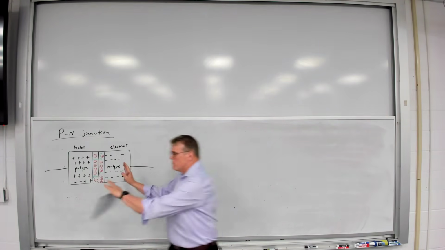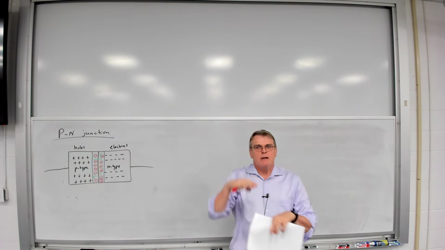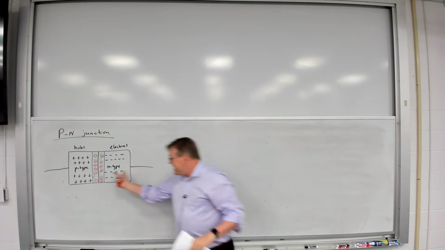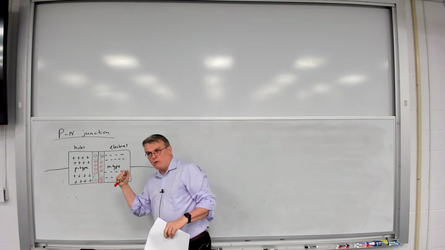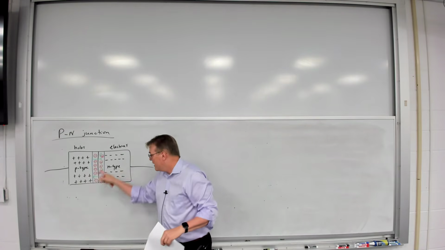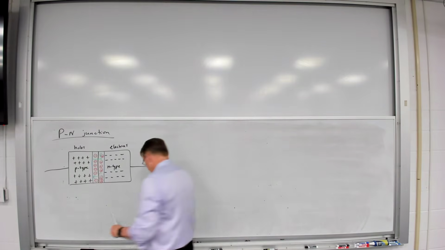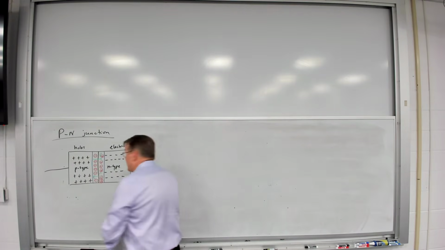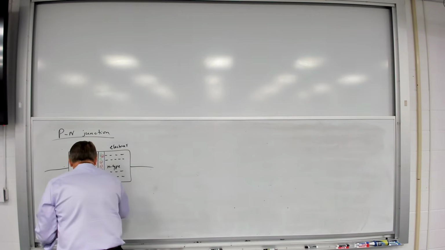So near this border where they go across each other, they will create a region that has a net voltage potential across it, but it is depleted of any free carriers. So this creates something which, not surprisingly, we call the depletion region.